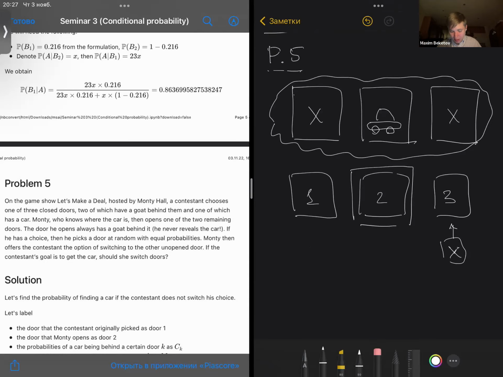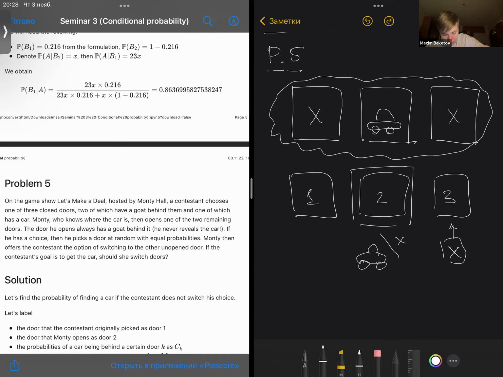And the question is, does that affect your choice? So he gives you an option to either change your choice after he revealed that door number 3 had no prize behind it, or to stay with your choice and keep saying that you prefer door number 2.